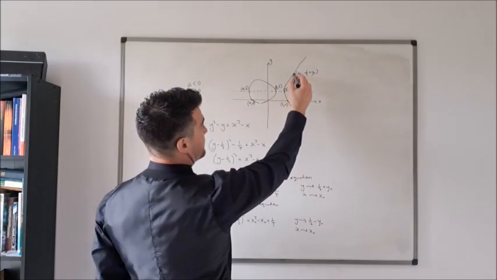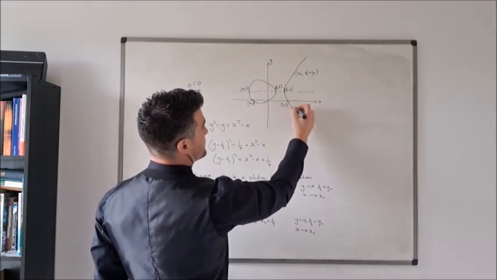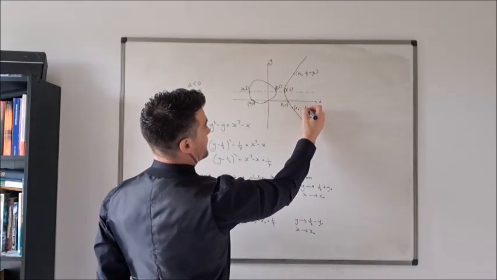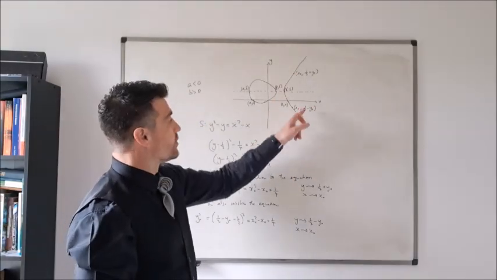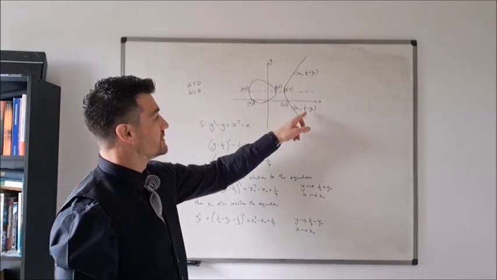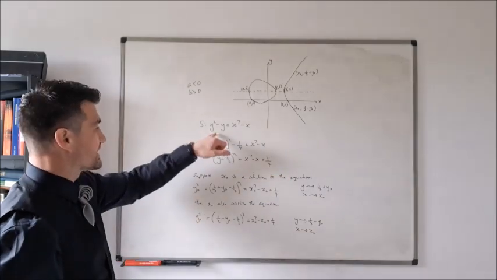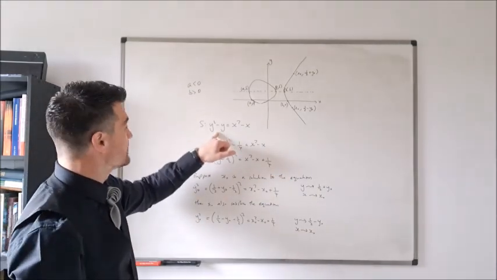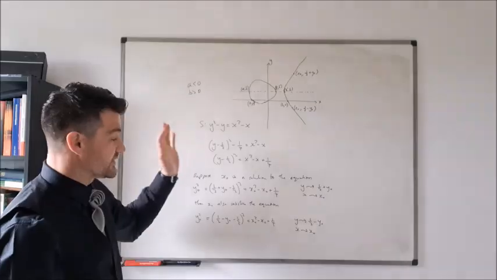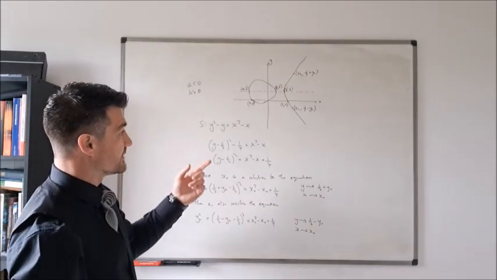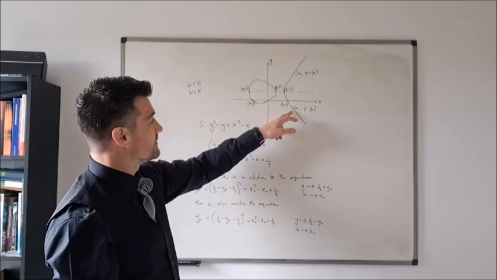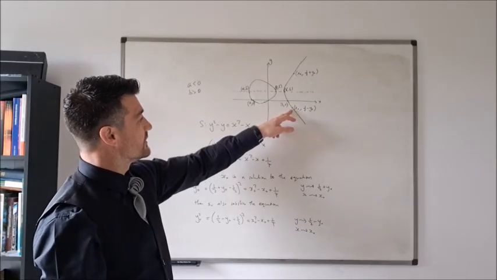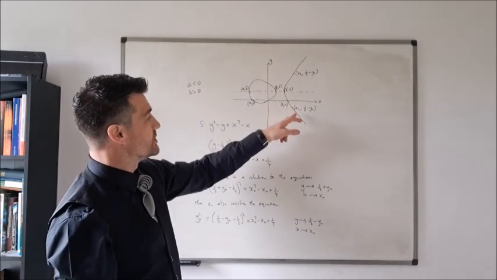But then we've got a corresponding point down here, x naught and a half minus y naught. And both of these pairs of coordinates will satisfy this equation, or this equation, whichever you prefer. Doesn't make any difference.